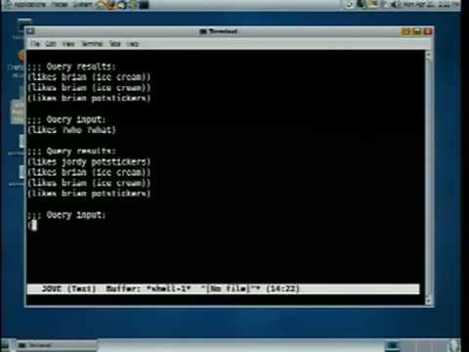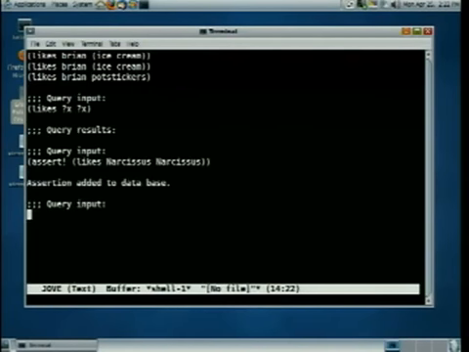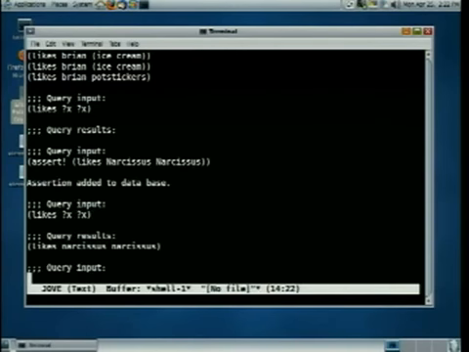If I say likes XX, however, I get no answers. That only works likes Narcissus. Now I can ask the question likes XX, and I do find that.